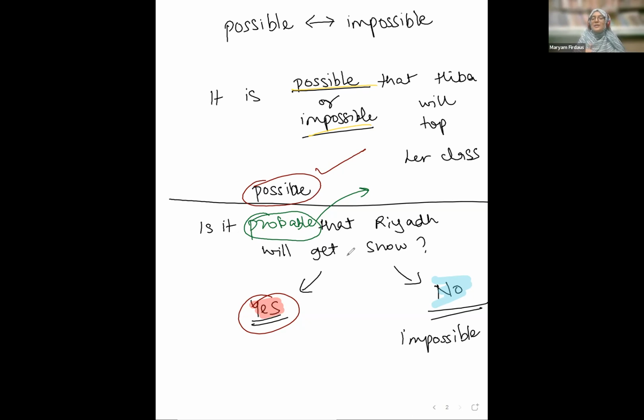Now did you understand the difference between possible and probable? Okay, let me give you one more example. The place where I'm living, Hiba, I'm living in Delhi.